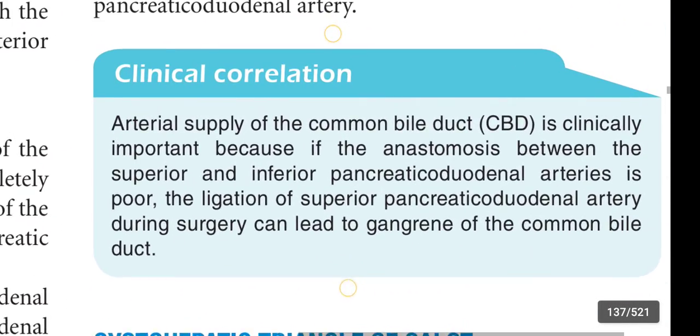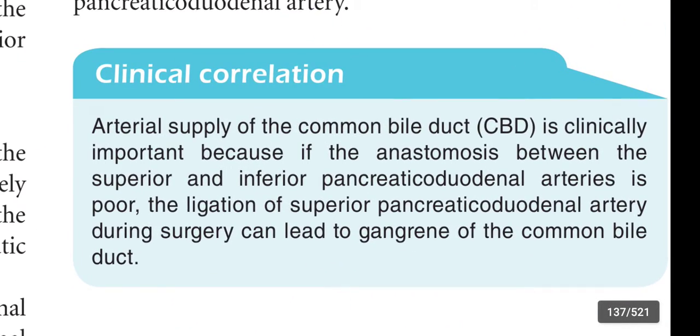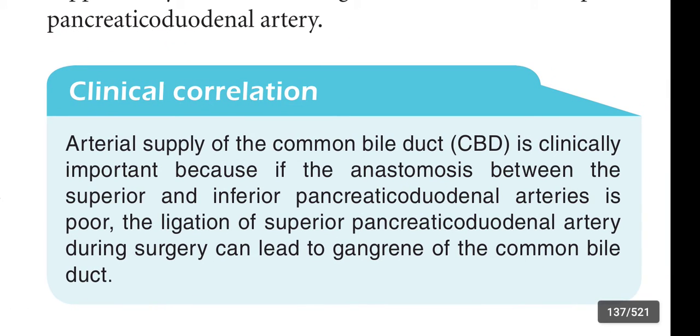Coming to the clinical aspect, the arterial supply of the common bile duct is clinically important because if the anastomosis between the superior and inferior pancreaticoduodenal arteries is poor, ligation of the superior pancreaticoduodenal artery during surgery can lead to gangrene of the common bile duct.